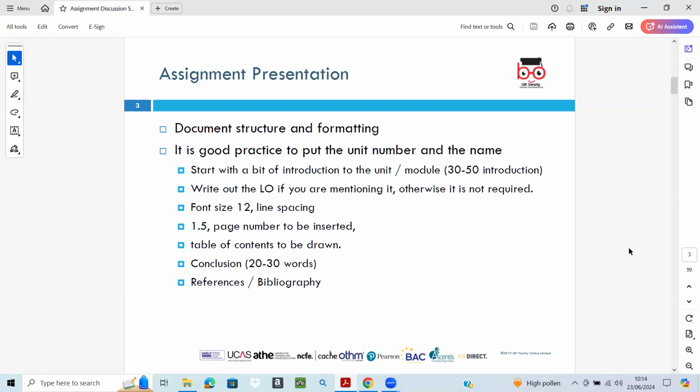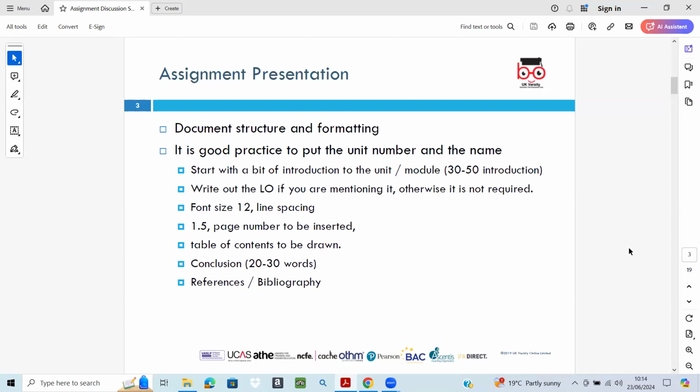Then in the end, we need to include a list of references, and why we do that: to acknowledge sources and provide credibility to your work. And we need to follow the appropriate citation style. For example, we use Harvard referencing style in our assignments, so we need to use the Harvard referencing style for our references or bibliography.